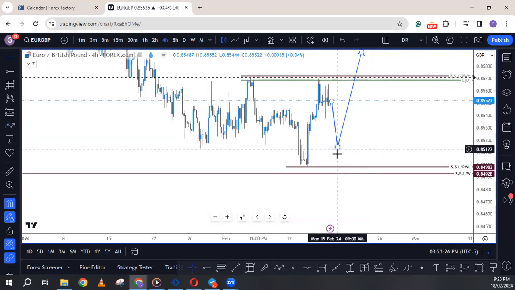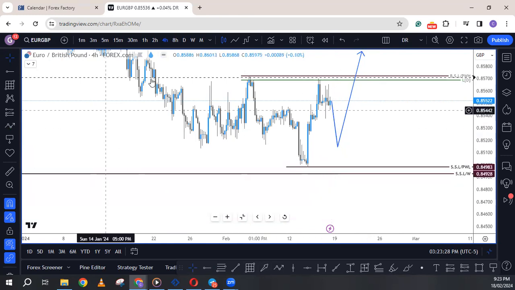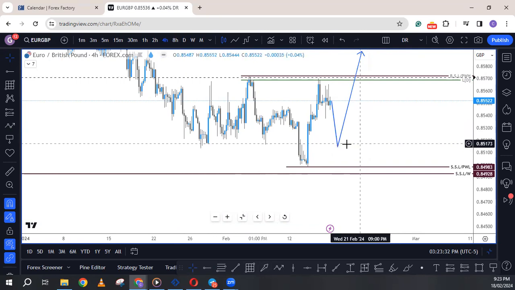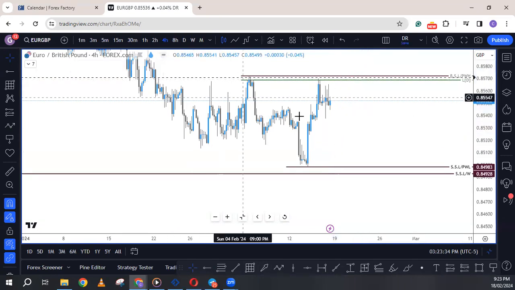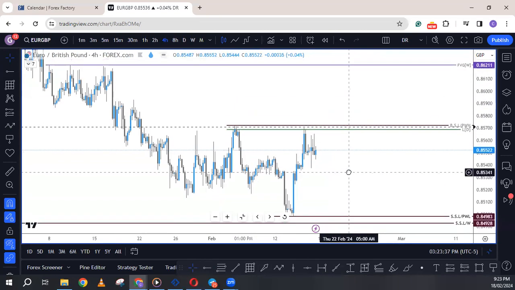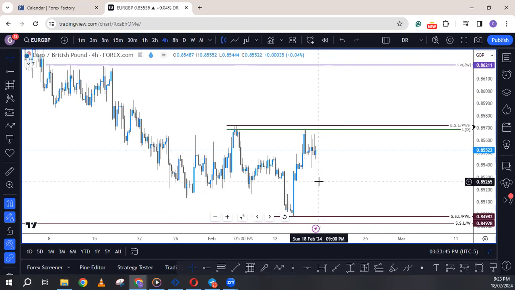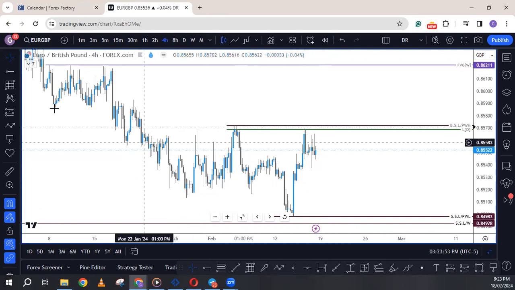But once you get a close below here, whatever is happening in Britain is not showing on the chart, because you only trade what you see, not what you think. Now, has EURGBP made any new high? No. So technically, pound is still strong. It's one thing for the news to say something, it's another thing for the markets to believe it. If you don't see it on the markets, that means it's just news.